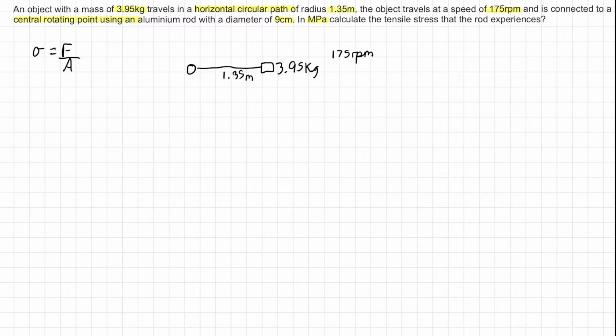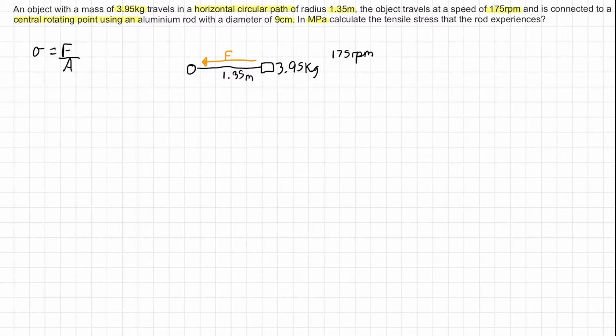So it uses linear acceleration as the acceleration, and the force is acting towards the centre. So you've got a force which is acting towards the centre, and because everything's acting towards the centre, everything will be done centripetally.